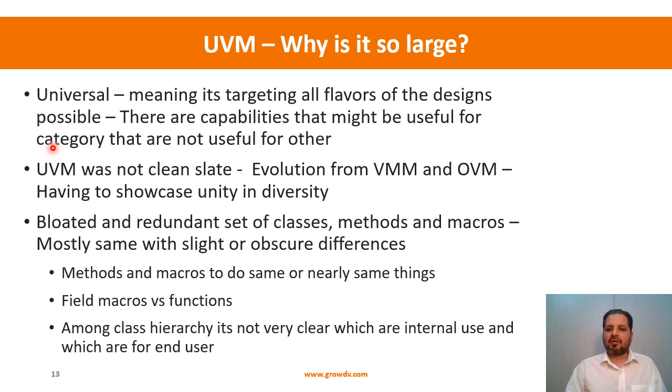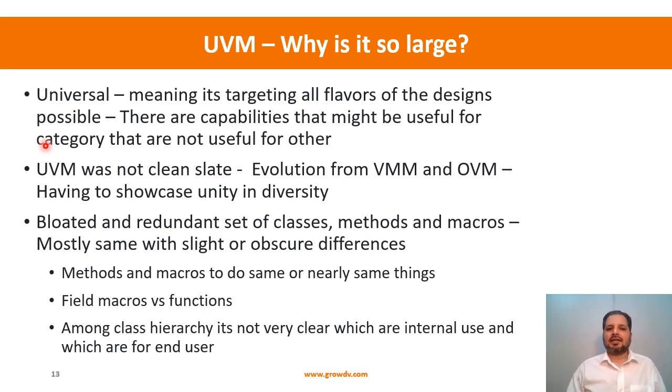If you are doing protocol verification, you would be using a different set of capabilities. And if you are using some sort of encoding decoding mechanism for error correction, then you will be using it in different ways. So for satisfying all flavors of design, different sets of categories have been put in place. That is why the size has become very big.